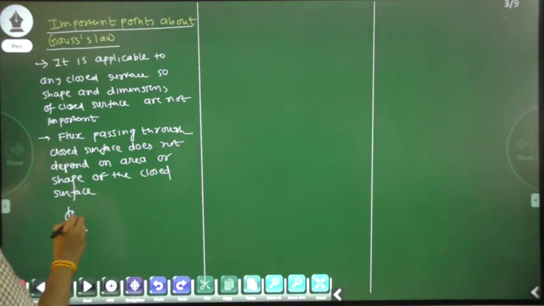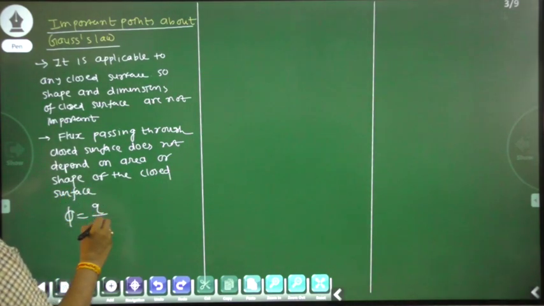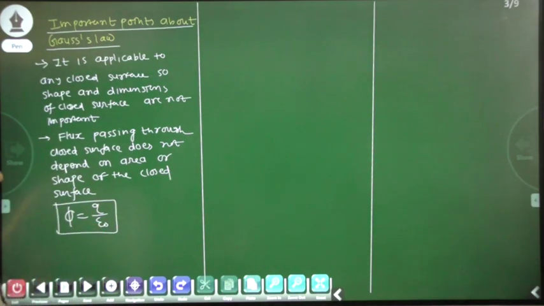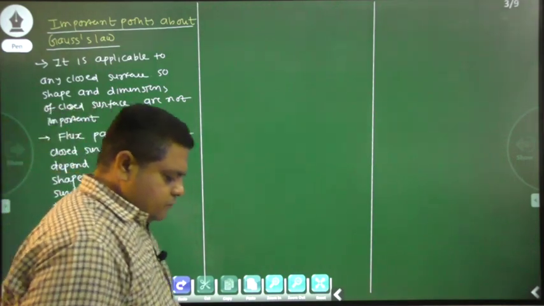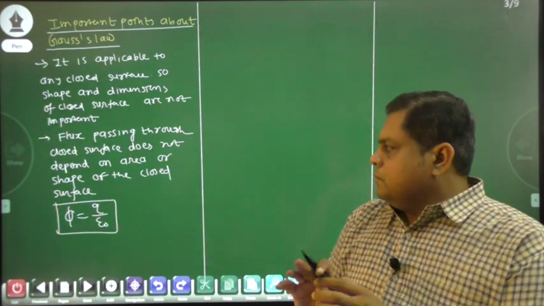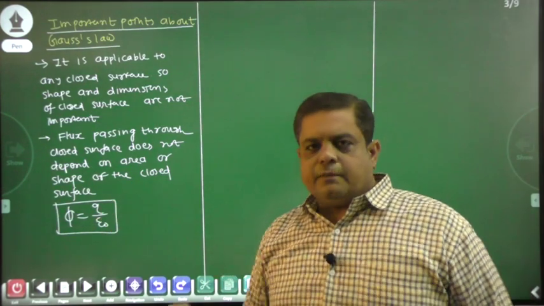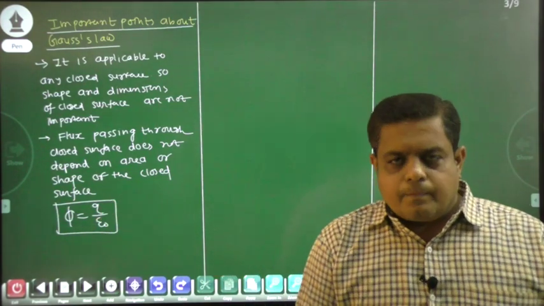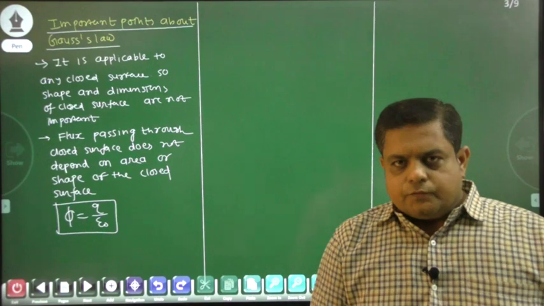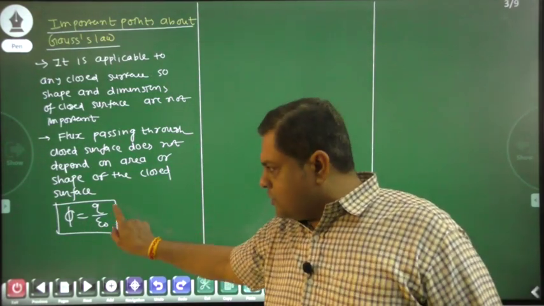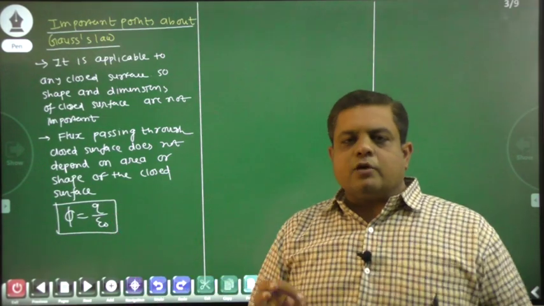Listen, flux phi is q by epsilon naught, but if it is a closed surface. Now you can see there is no variable in this formula. It depends on only charge enclosed. So flux passing through the closed surface depends on charge enclosed only.